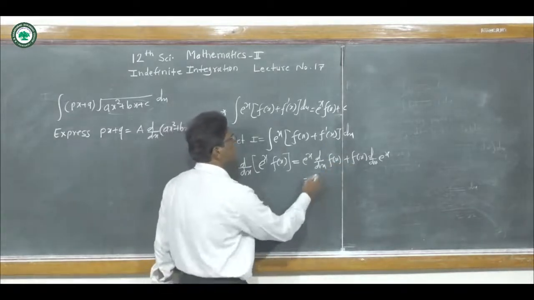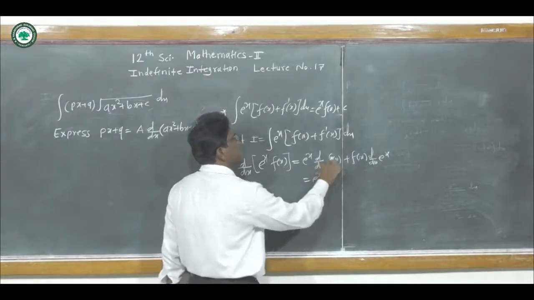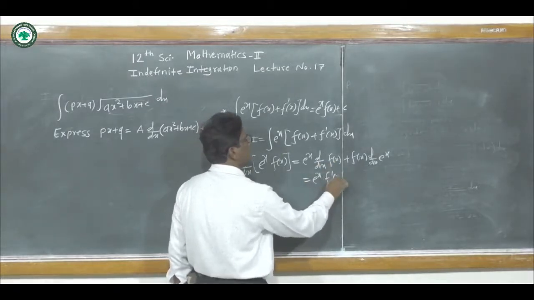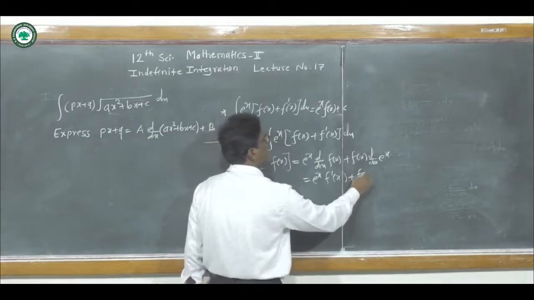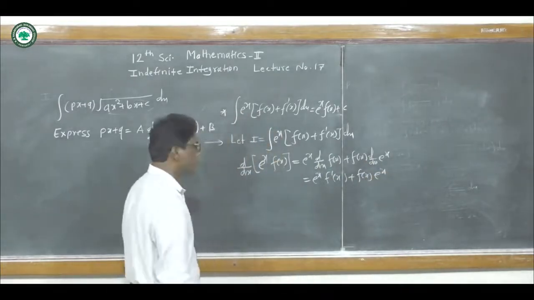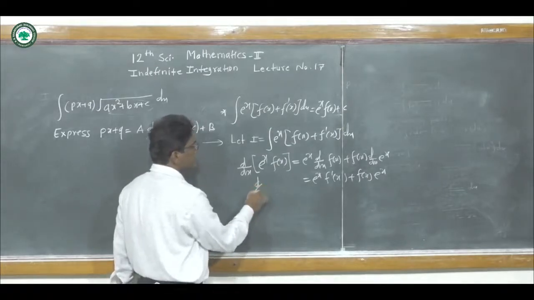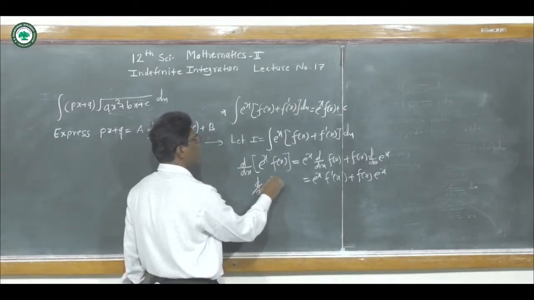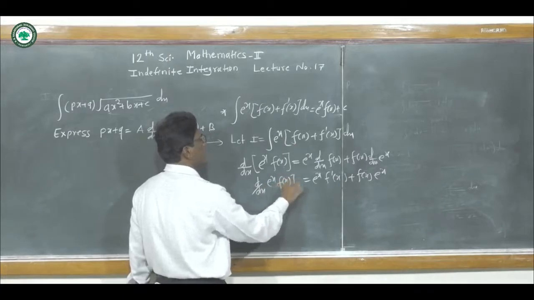So this is equal to e to the power x, as it is the derivative of f of x, it is f dash of x, plus here f of x as it is, and we know that the derivative of e to the power x is also e to the power x. So the left hand side is d by dx of e to the power x into f of x.